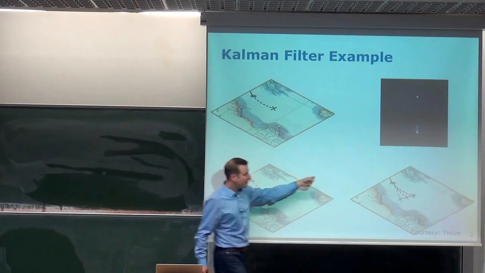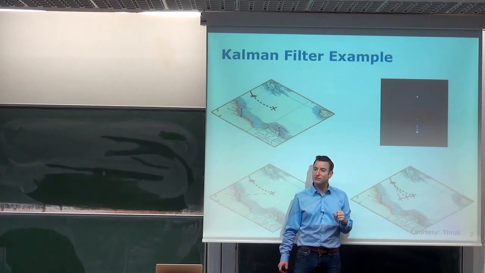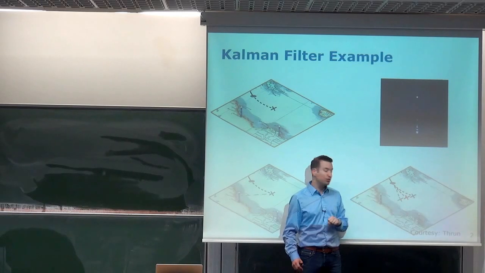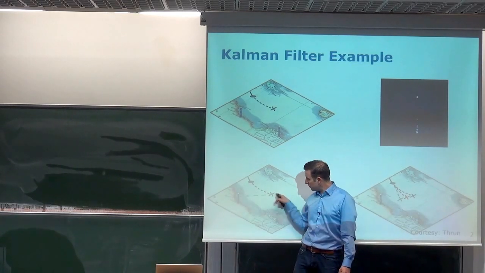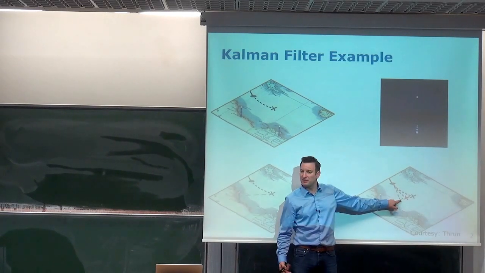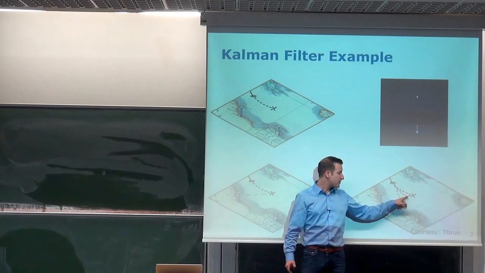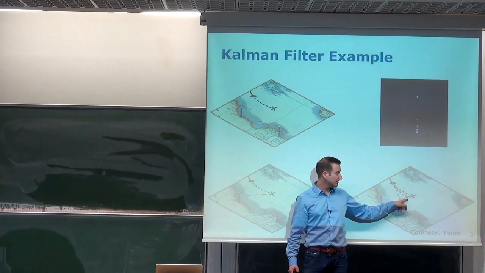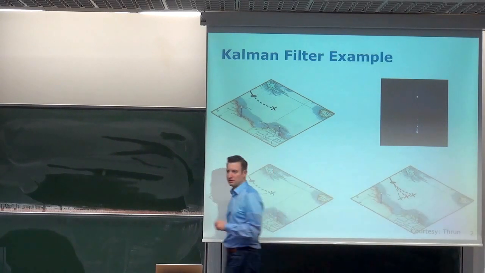And based on that, we get an observation which tells us we should be actually somewhere else. So this is what I should observe, my predicted observation, and this is where I am according to my observation. And then I fuse those beliefs within something which is called the correction step in the Kalman filter to obtain that red estimate.